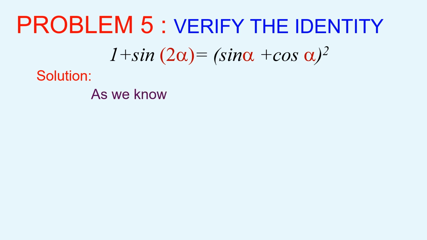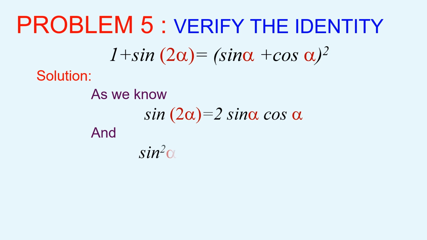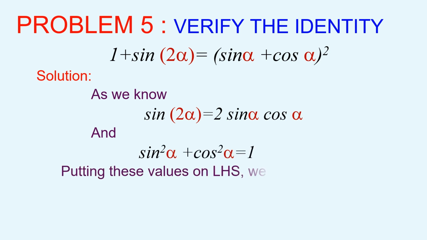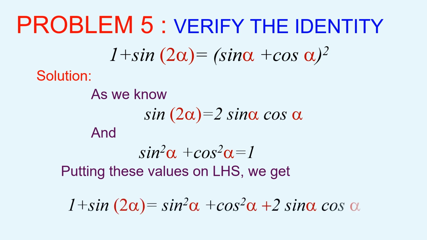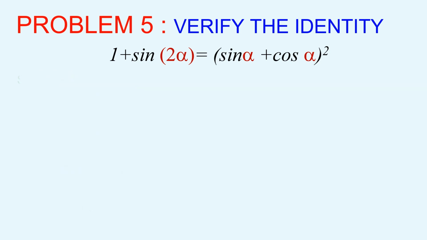As we know, sine of 2 alpha equals 2 times sine of alpha multiplied by cosine of alpha. And square of sine alpha plus square of cosine alpha equals 1. Putting these values on left-hand side, we get 1 plus sine of 2 alpha equals square of sine of alpha plus square of cosine of alpha plus 2 times sine of alpha into cosine of alpha.